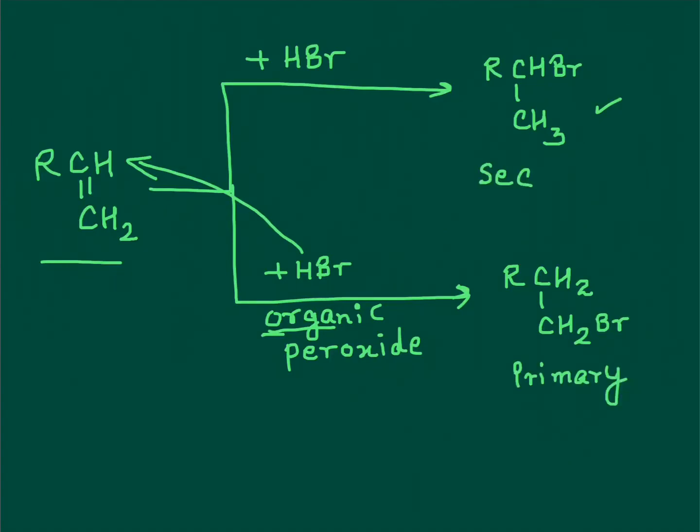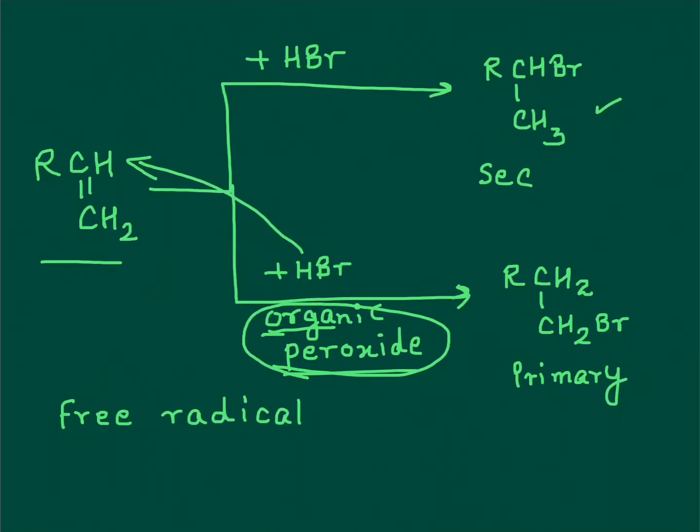So what makes it change its mood? Why does it want to go to the carbon? Here, see the condition of the reaction. Organic peroxide. Now, if you recall, free radical reactions, although we have already discussed this under the mechanism, I will touch base on that as well over here.